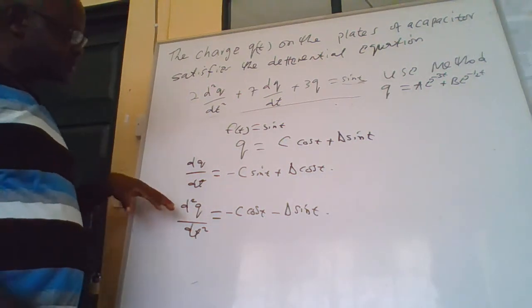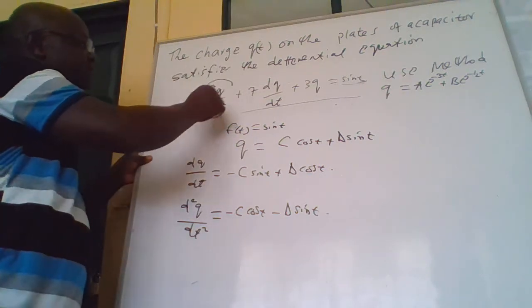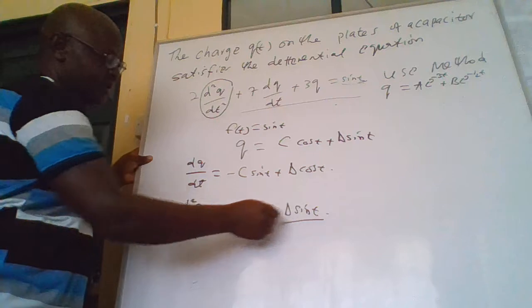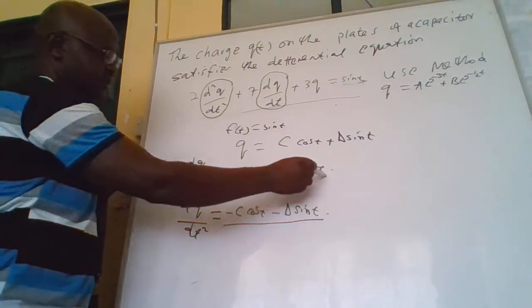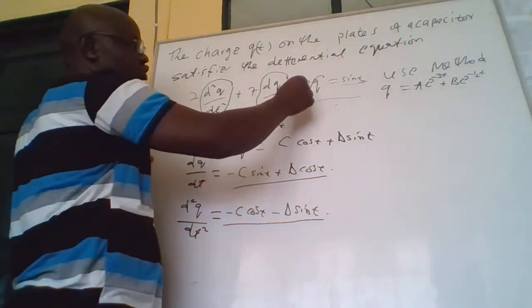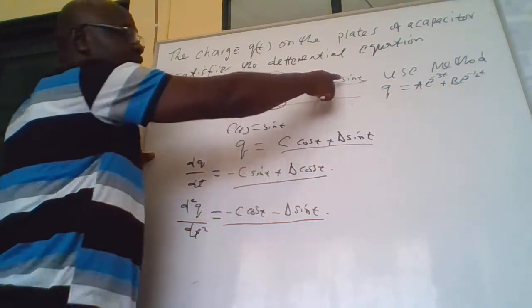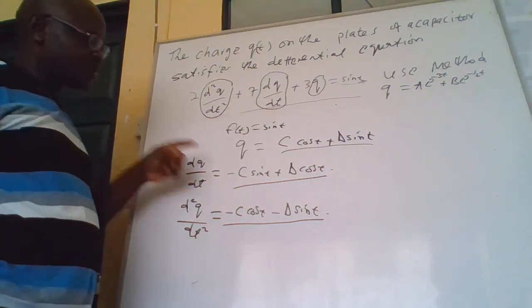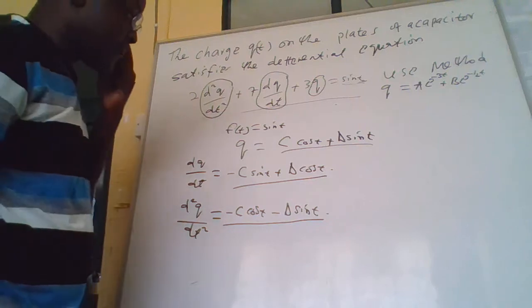Once we have this, we substitute in the equation, with Q now being this one, and equate to sin t, so that we can get the values of C and D.